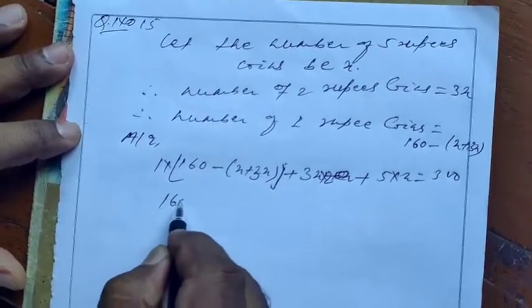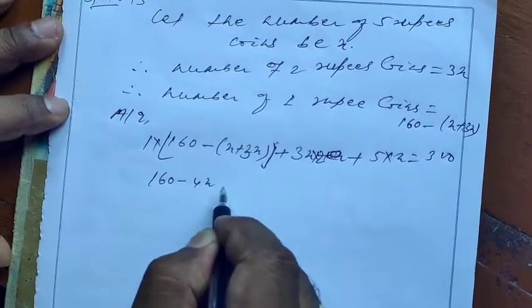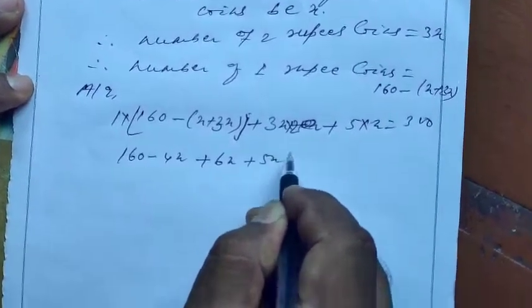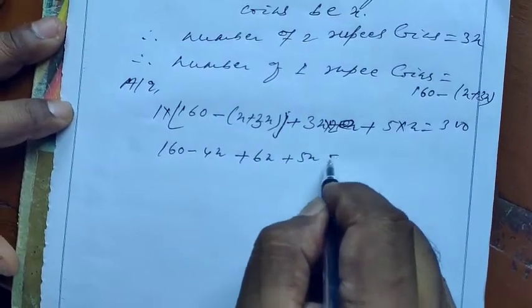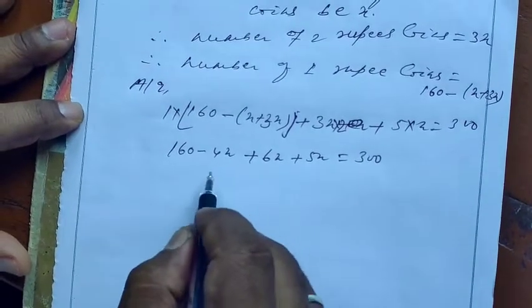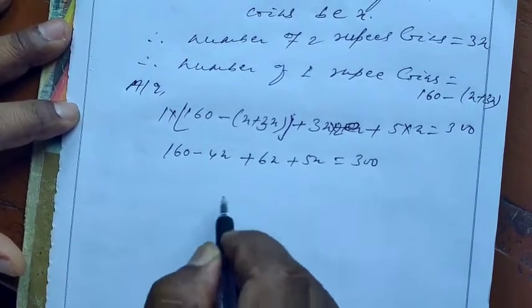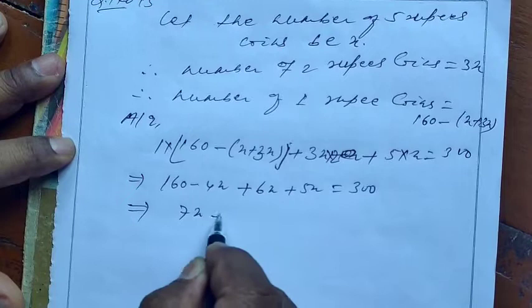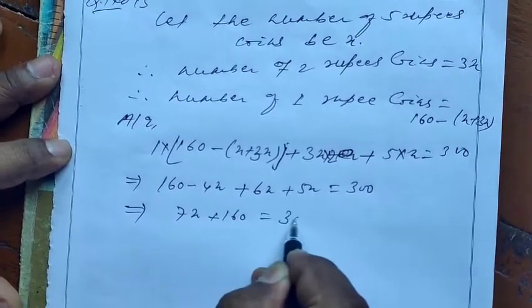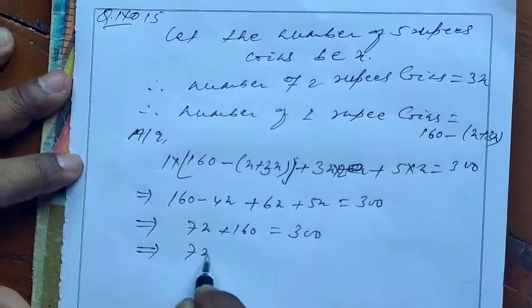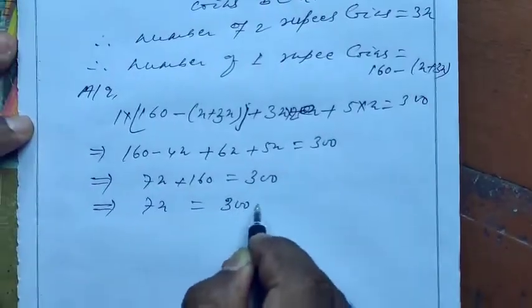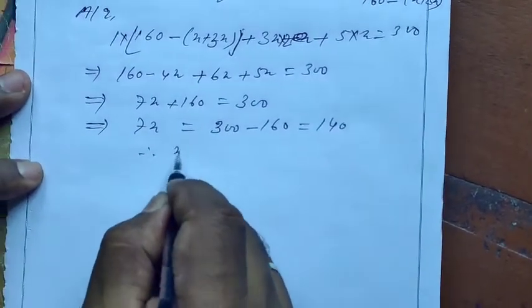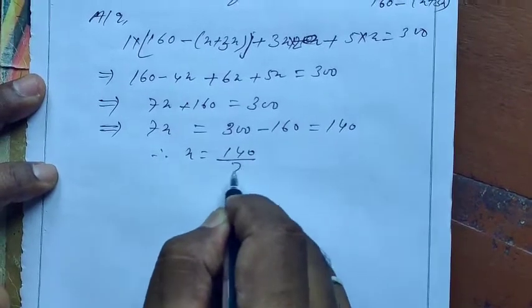Now 160 minus 4x plus 6x plus 5x equal to 300. Now 6 plus 5 is 11, minus 4 is 7x. 7x plus 160 is equal to 300, and therefore 7x equal to 300 minus 160, this equal to 140, and therefore x is equal to 140 by 7.